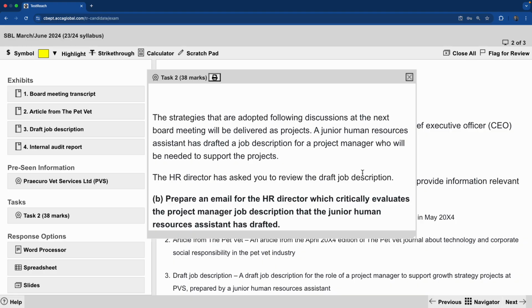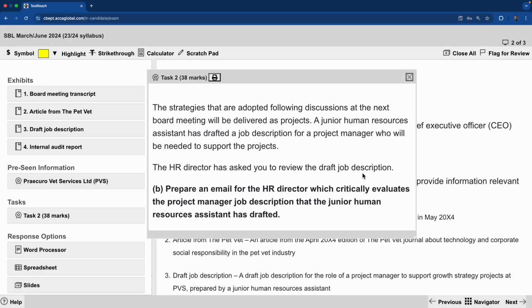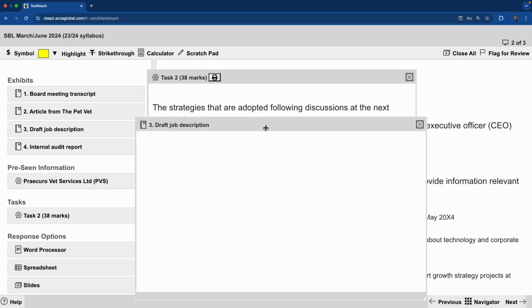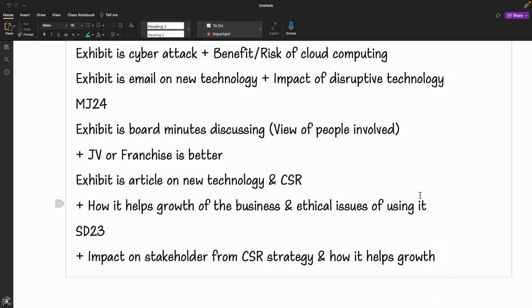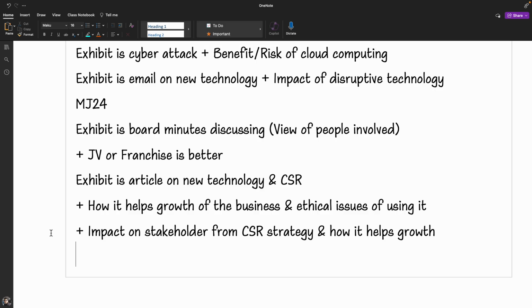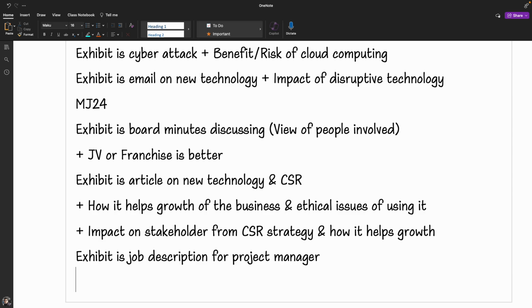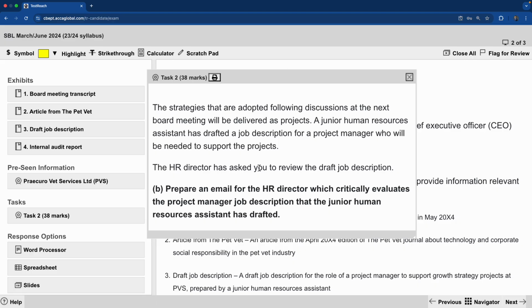Okay, look at task 3. Strategies adopted following discussion on the board will be delivered as a project. A junior human resource assistant drafts a job description for project management. So suddenly they give you a job description for a project manager. And the question asks you to critically evaluate the project manager's job description.